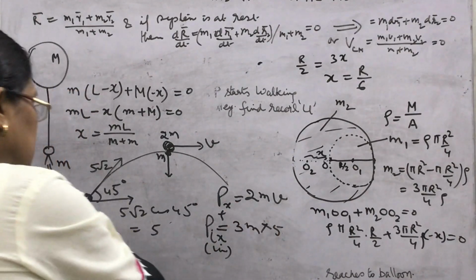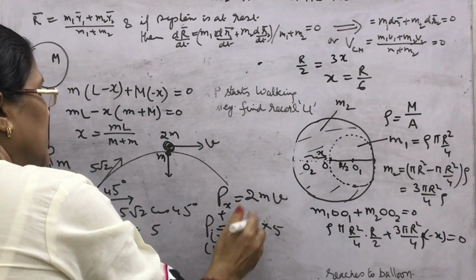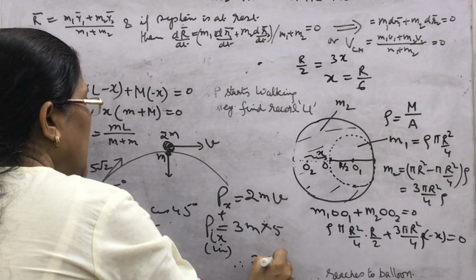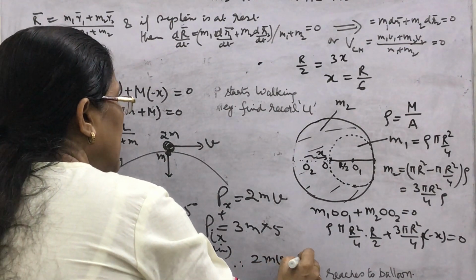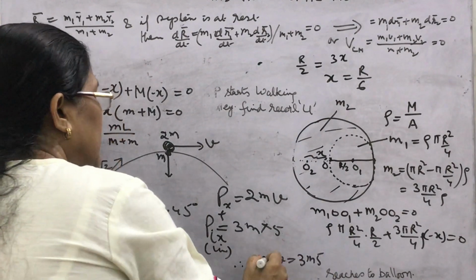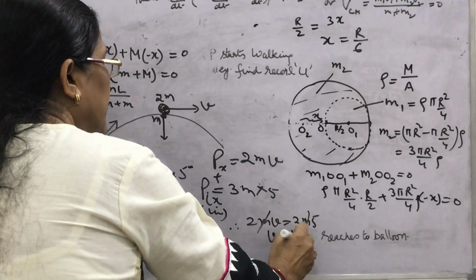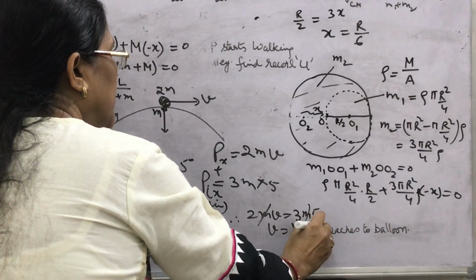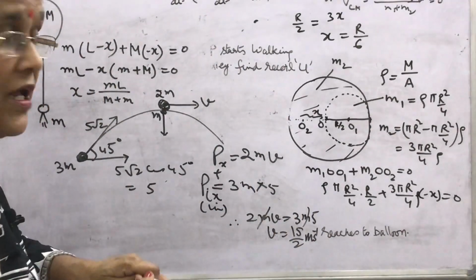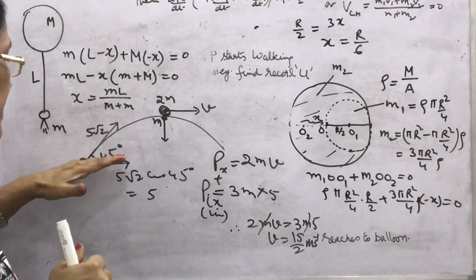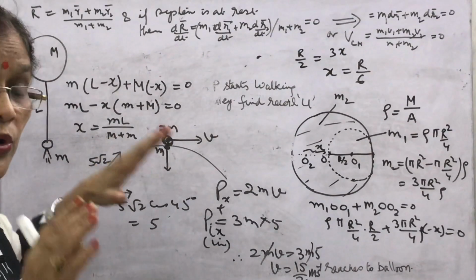Therefore 2mv equals 3m times 5, which implies that v equals 15/2 meters per second.